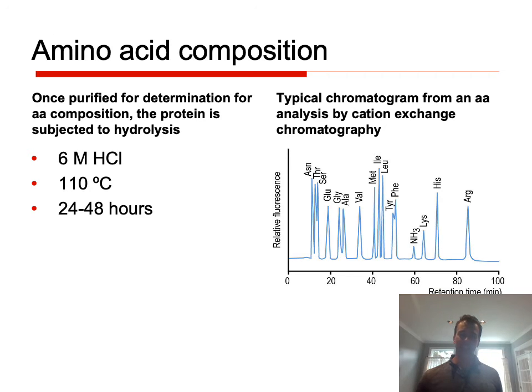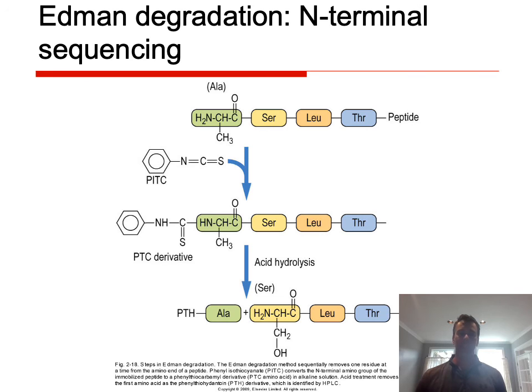Then you can run this against standards to where you know, hey, I know glycine elutes here, alanine elutes here. So you can get a sense for the composition of your protein.